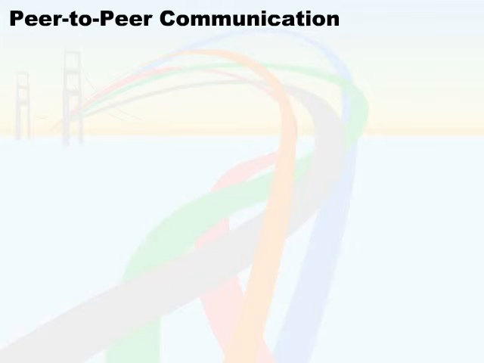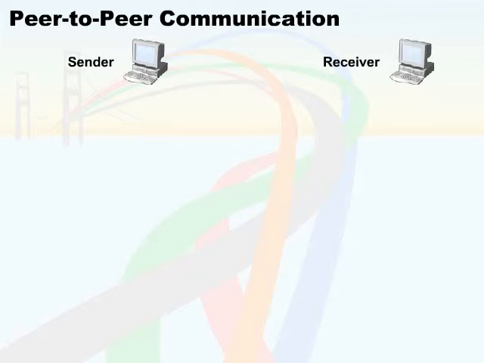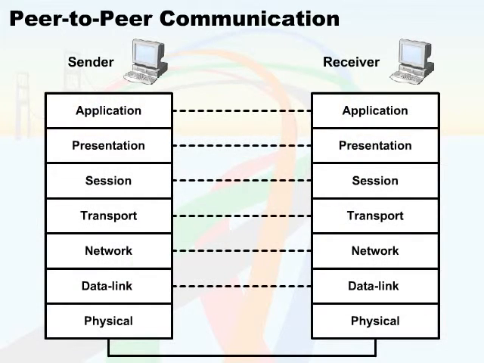Peer-to-peer communications is actually the process of one sender being able to communicate with a receiver. Now, of course, this can be multiplied many, many thousands of times on the same network. But the fact is that every sender and every receiver in a conversation have to have the same protocol and the same settings for the network to work.